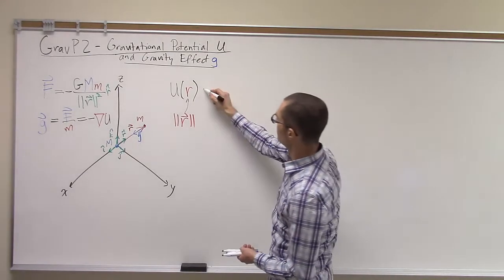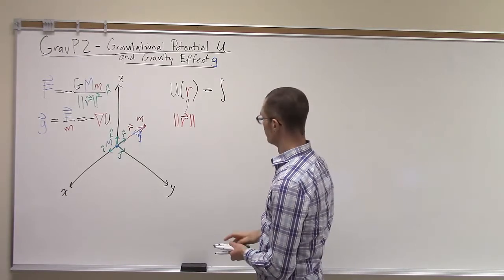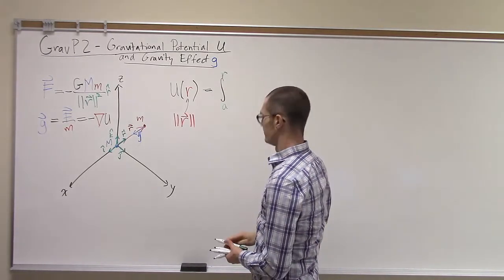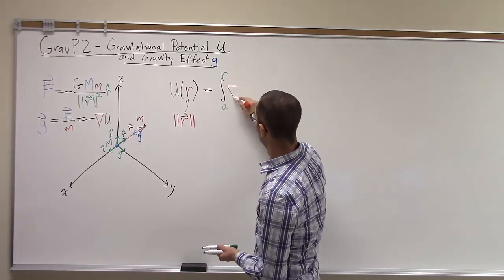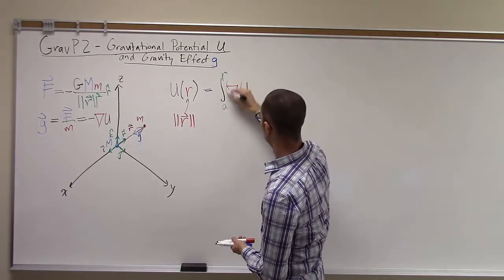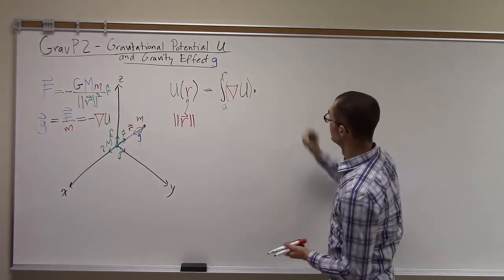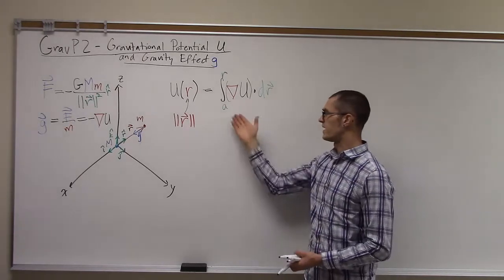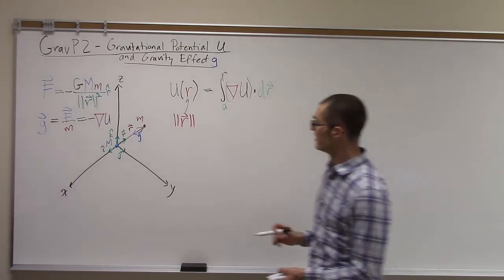We can say that U is the integral from any arbitrary point A to the point of interest R of the gradient of U along some path. Let me draw the meaning of that.